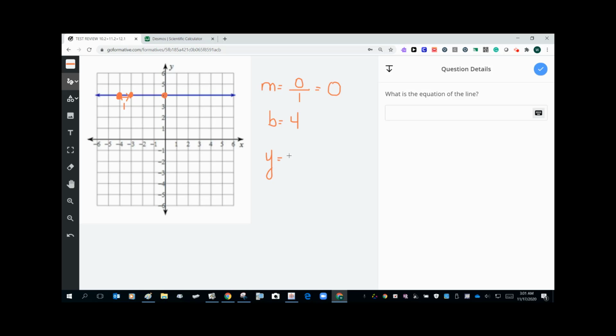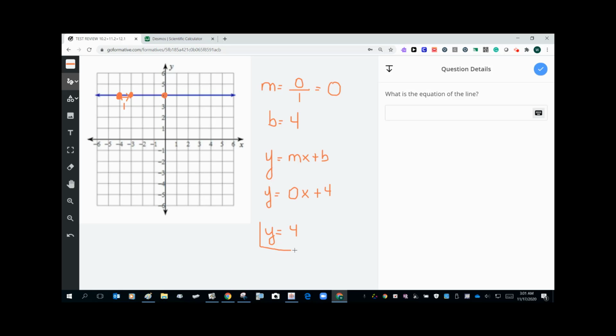So when I write my equation, this would be y equals mx plus b. This would be y equals 0x plus 4. Now we usually don't write 0x, so our final answer, because 0 times x is 0, and 0 plus 4 is 4.